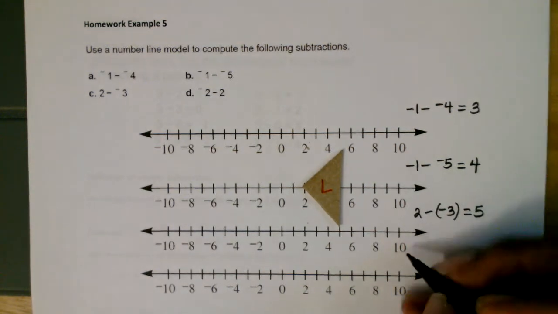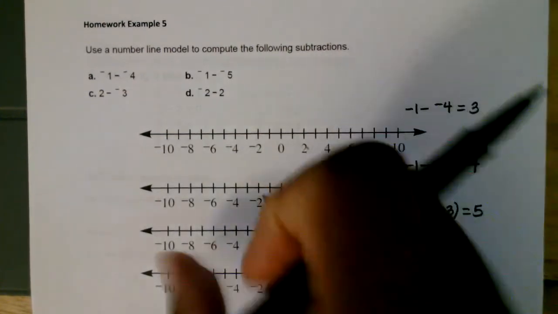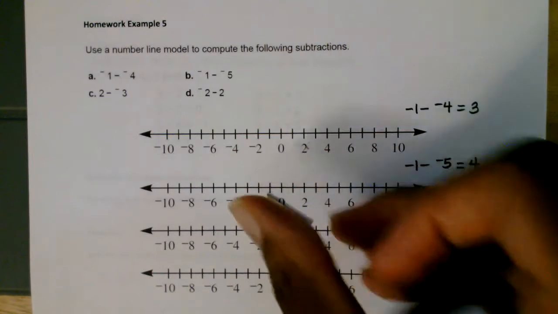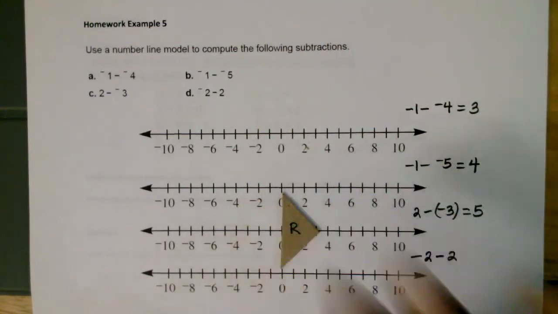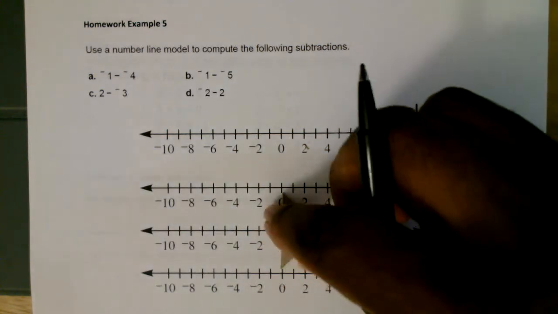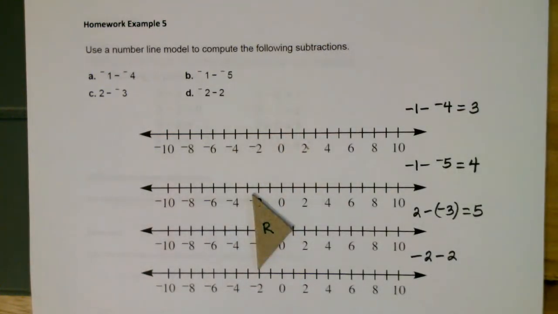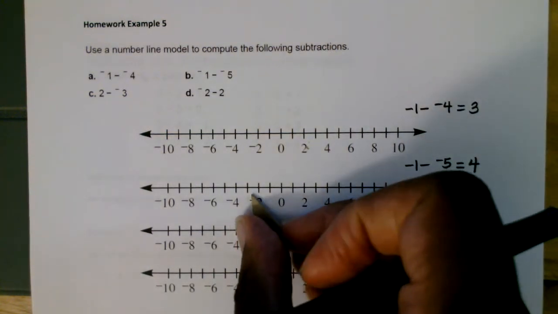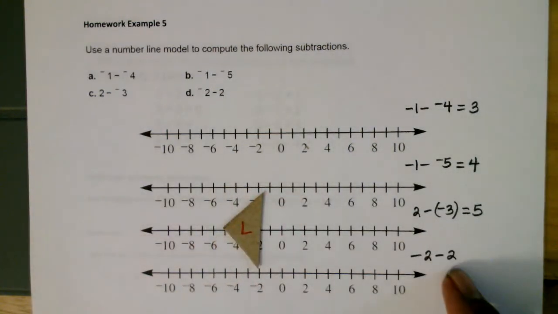And then part D, we got -2 minus 2. All right, we start at 0, facing in the positive direction, which is to the right. -2 means I walk backwards 2 places. So I end up at -2. Minus means switch this way, and it's a +2.